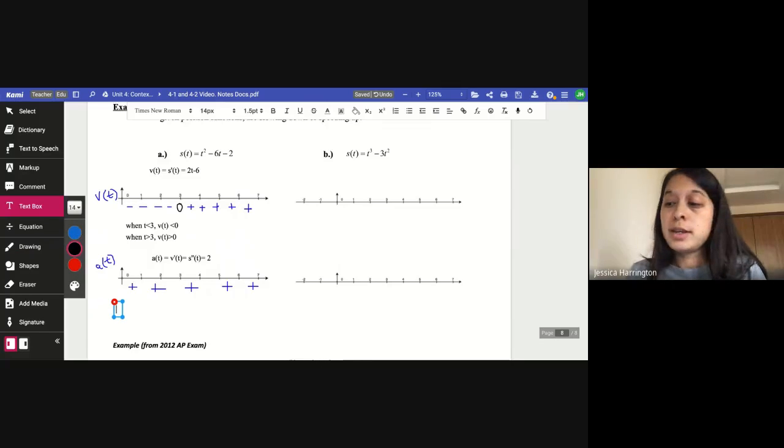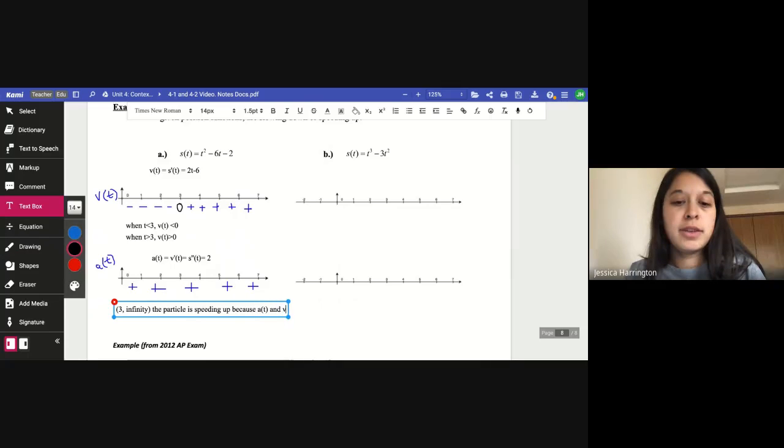So between 3 and infinity, right? I'm just going to type it. The particle is speeding up because a of t and v of t are greater than 0. So we can say they are both positive.